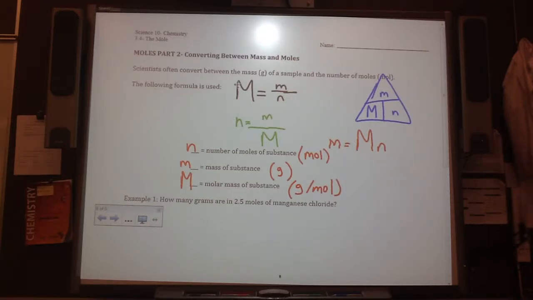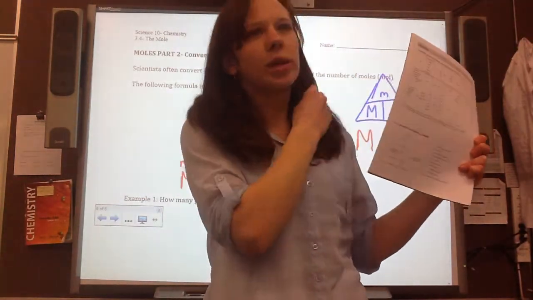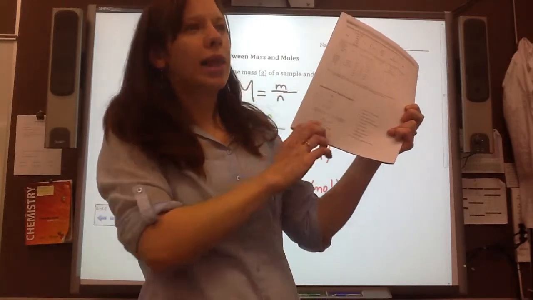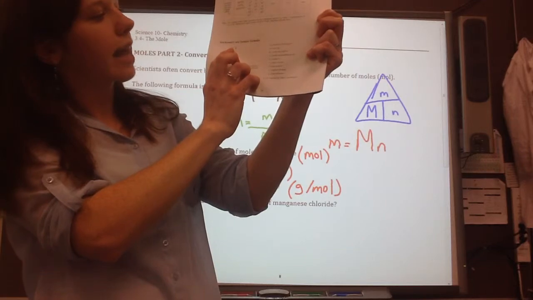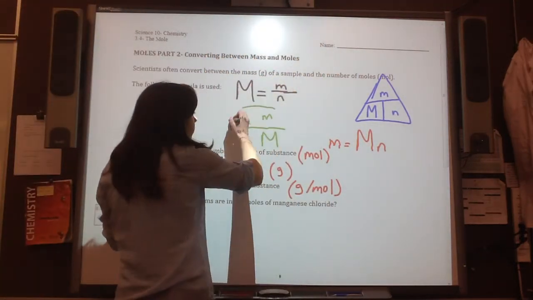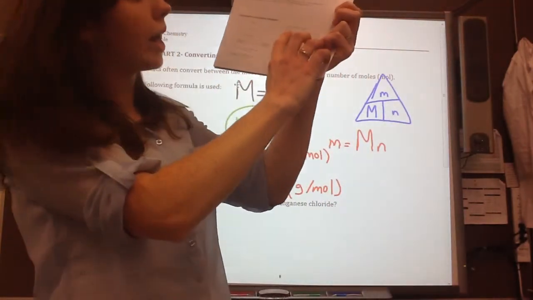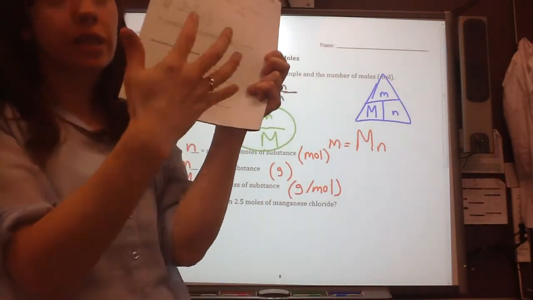On your solubility chart, underneath it says stoichiometry and solution formulas. Stoichiometry is something that I won't teach until Chem 20, but the little formula there says n equals little m over big M. It shows you this version, and it even tells you on the right-hand side what n means, what little m means, and what big M means. So if you forget, you have this available to you.